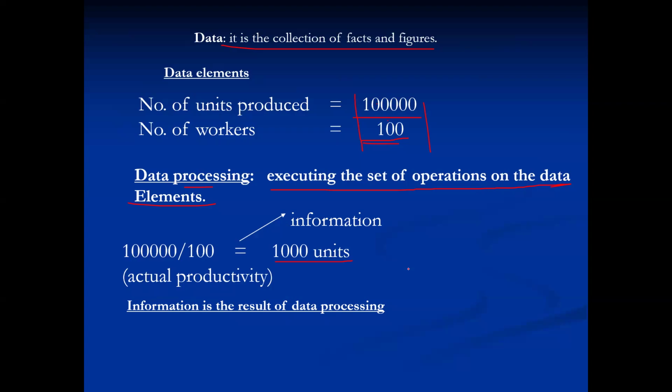For example, in the month of March, the standard productivity is 1,300 units. On average, every worker has to produce 1,300 units, but actually they produced 1,000 units. So we performed 30% below the targets.